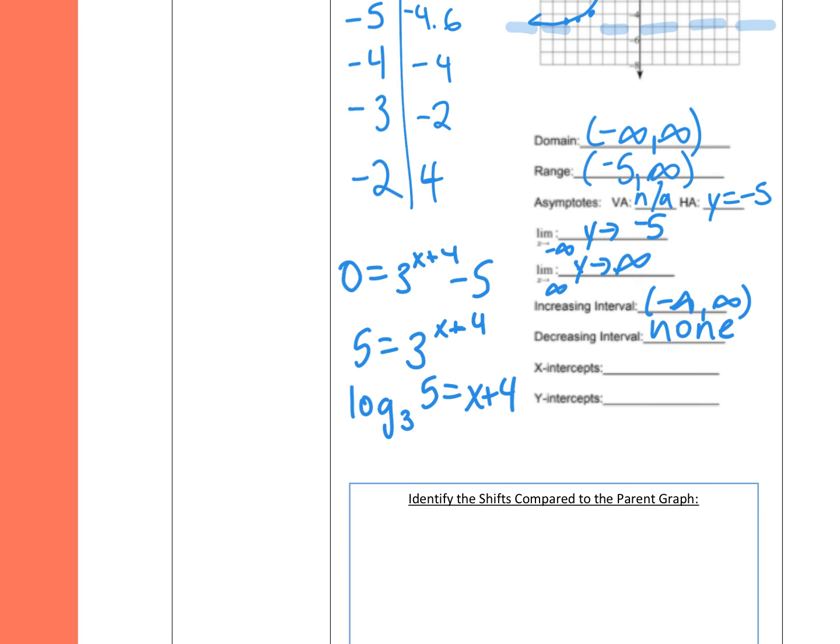Log 5 divided by log 3. Round that for me and tell me what that is. 1.46 equals x plus 4, but I'm not quite done. I still need to subtract 4.